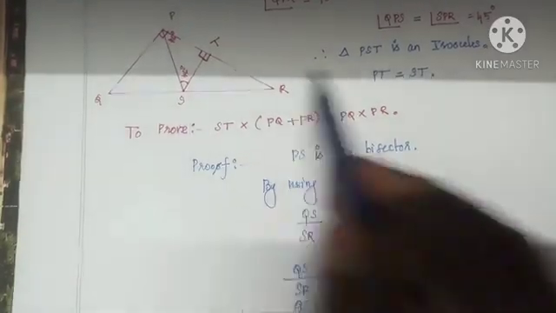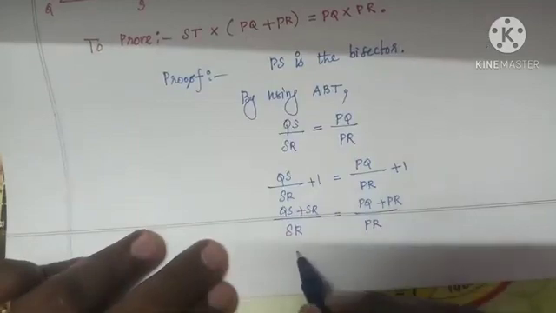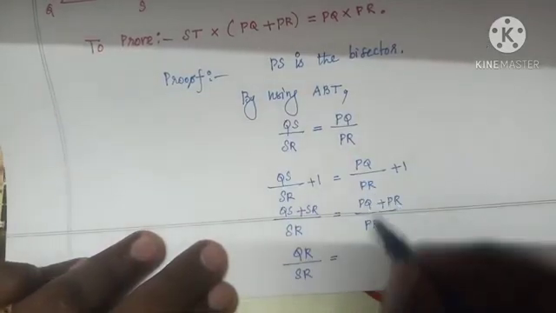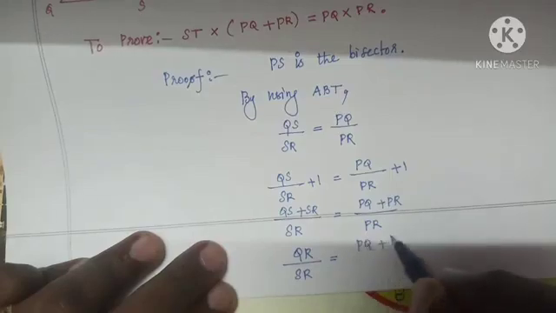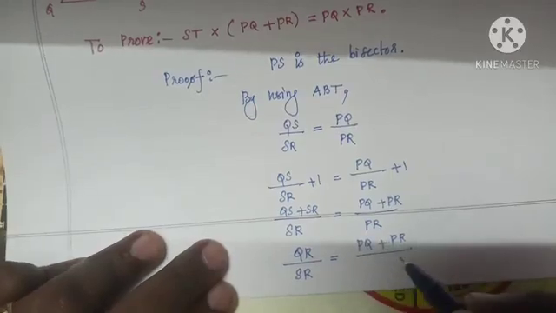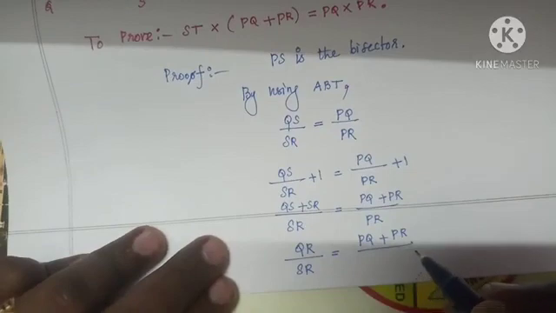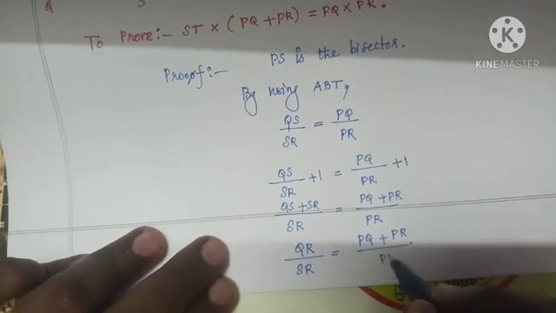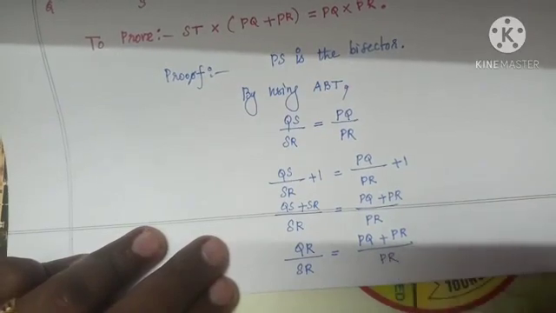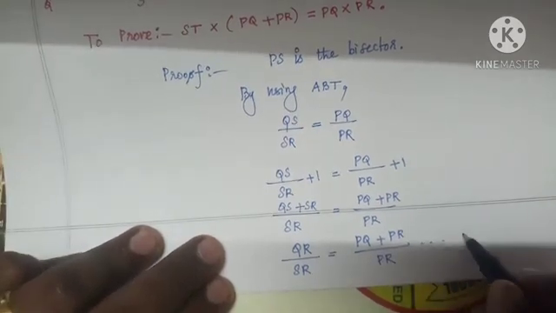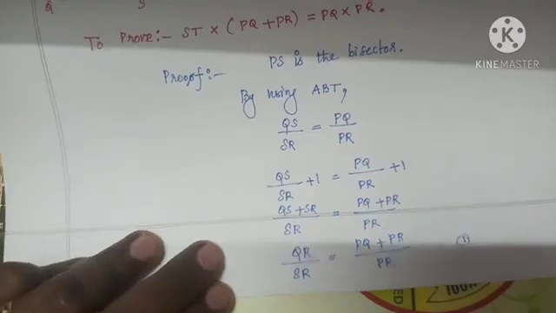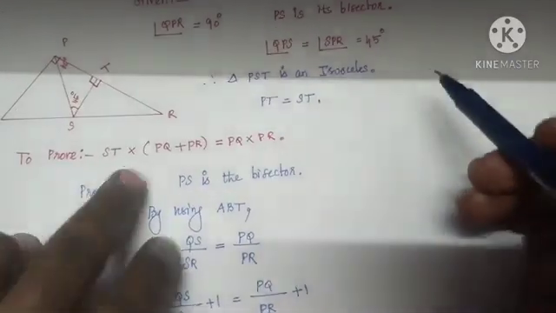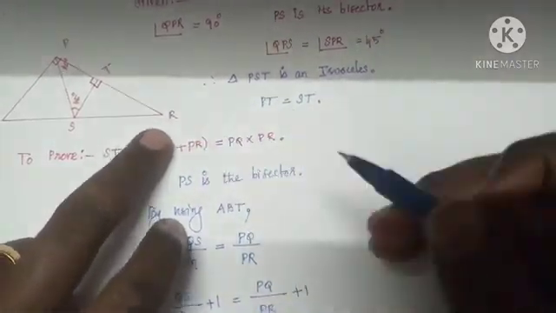QS plus SR becomes QR, so QR by SR is equal to PQ plus PR by PR. This is equation 1.